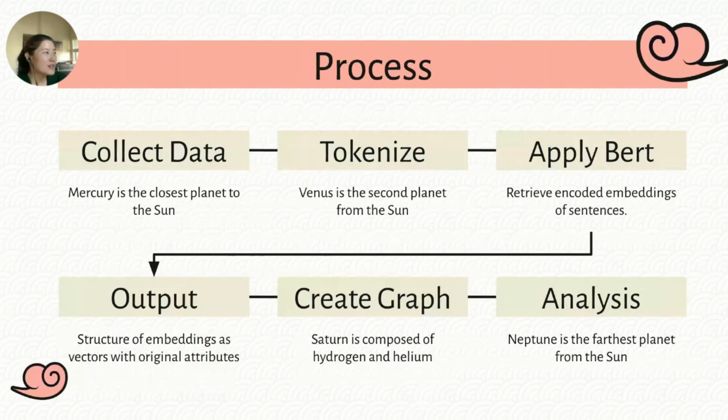Okay, so let's talk process. The process for collecting the data, I think I talked about, is we just go to this kanji database. We basically do tokenization, and originally this was using a BERT model.